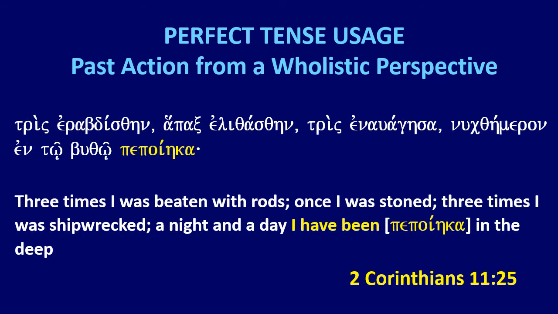And here's an example of the same, again from 2 Corinthians 11:25. Three times I was beaten with rods, once I was stoned, three times I was shipwrecked, a night and a day I have been in the deep. And that phrase, I have been, papoieka, is the perfect active indicative of poieo, normally translated I do. But here translated, I have been. So here in 2 Corinthians 11:25, again, the perfect tense cannot mean I had been in the deep, in the sea, with the results continuing up to the present time, I still am in the sea.